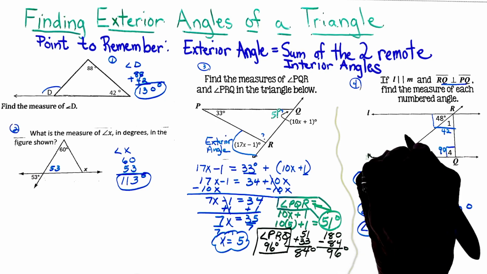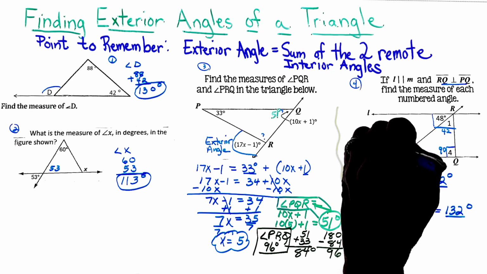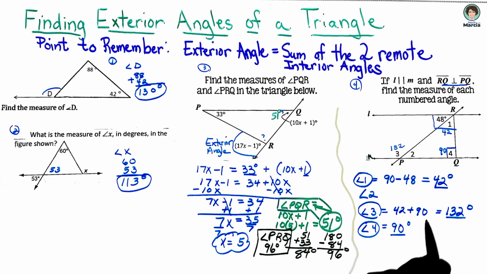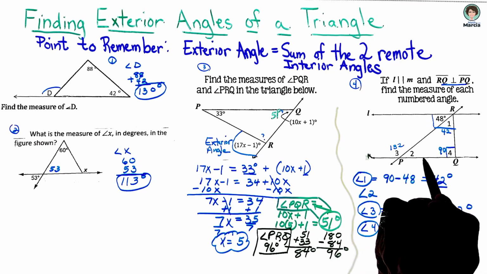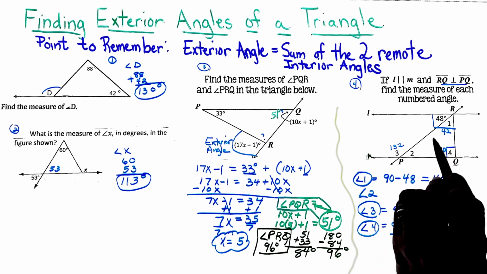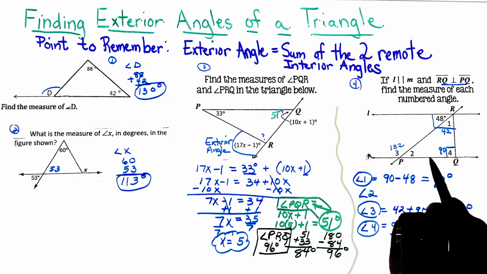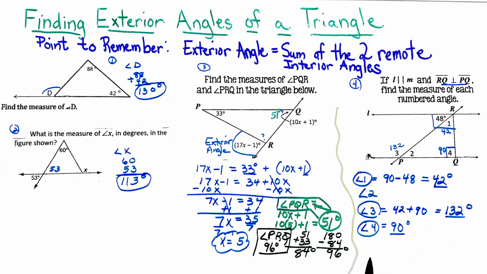So if we know that this is 132 degrees, we can actually find angle 2 in two ways. So when we're finding angle 2, we know that angle 1, angle 4, and angle 2 equal 180 degrees.